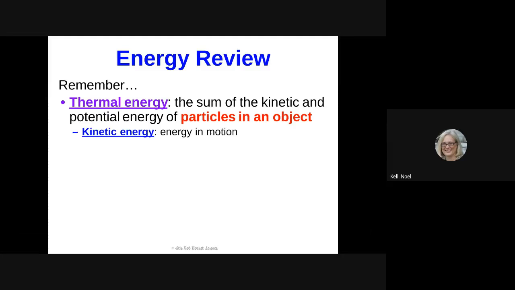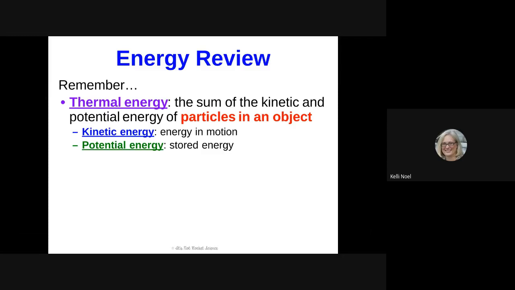Just to review, kinetic energy is going to be energy in motion. So if something is moving, even solids vibrate a little bit, they're going to have some kinetic energy. Potential energy is stored energy, and there's several different types of potential energy. So if a ball is sitting at the top of a hill, it's got stored potential energy.